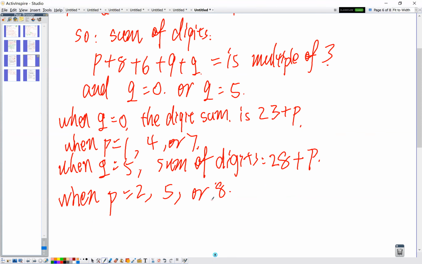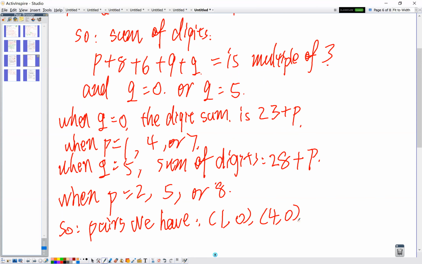So the possible pairs, the pairs we have, what numbers do we have? We have 10, 40, 70, 25, and 85.